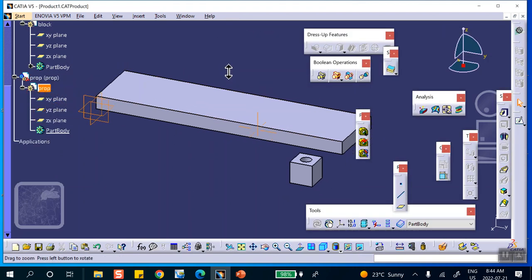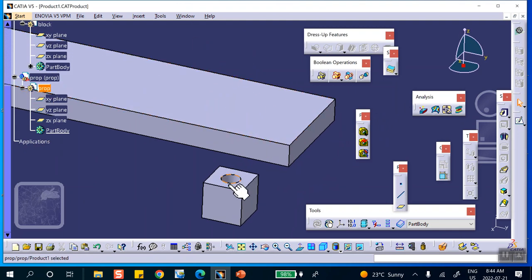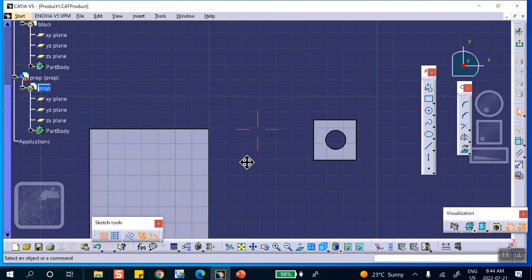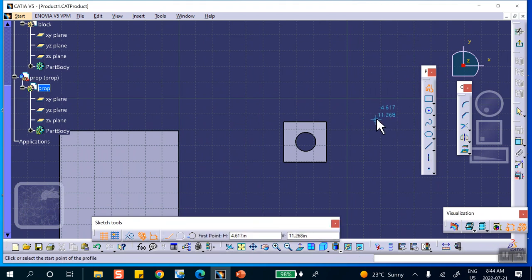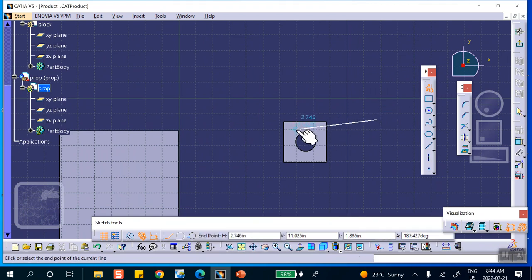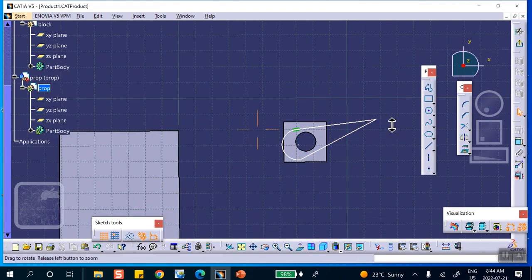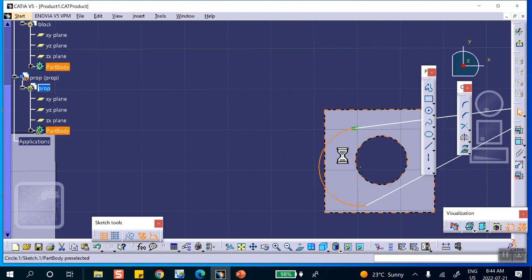All right. So I find this thing convenient. On that face, I will sketch something that looks like a propeller, or a blade, I don't know, something like that. And let me make these things concentric.